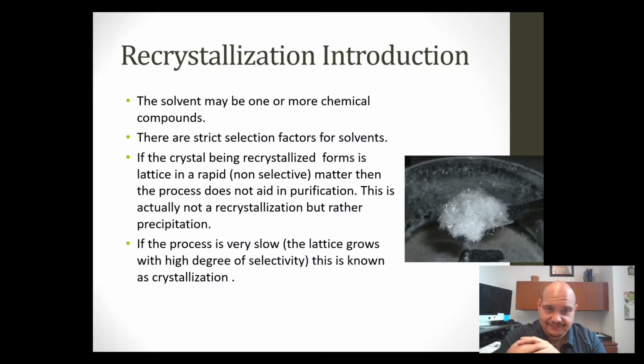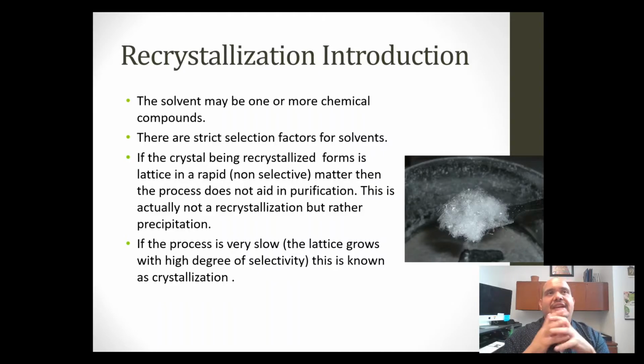And when a crystal is recrystallized and forms a lattice very rapidly, that is what is called non-selective. If you take a crystal and try to recrystallize it really quickly, it recrystallizes in what is known as non-selective recrystallization, and that process does not include purification.